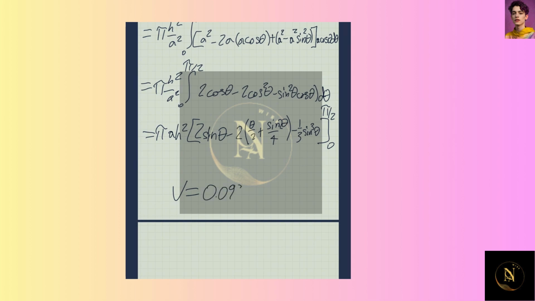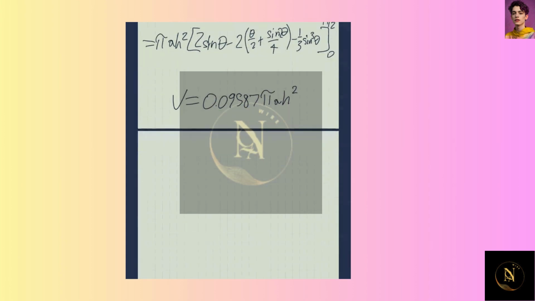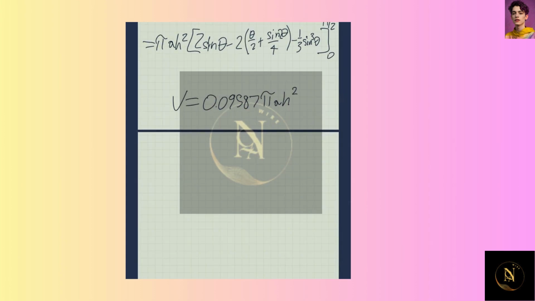And plugging in those values, we get that the volume is equal to 0.09587 pi a times h squared.